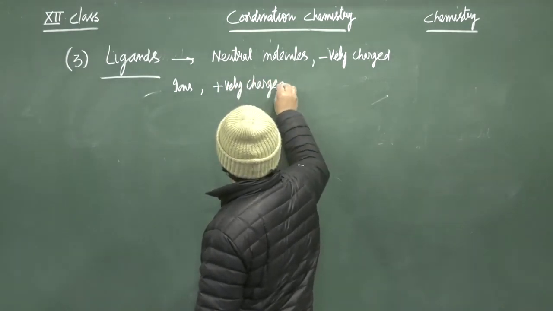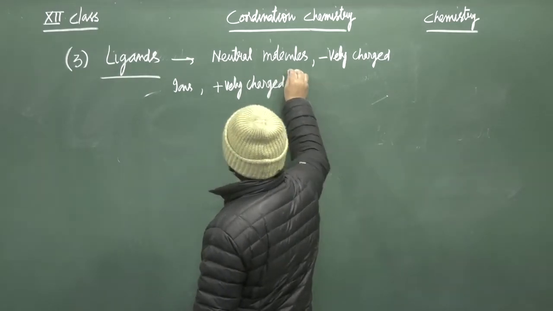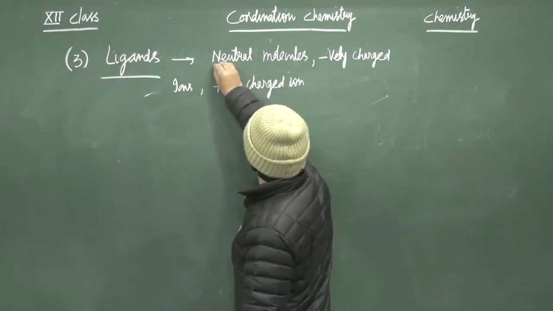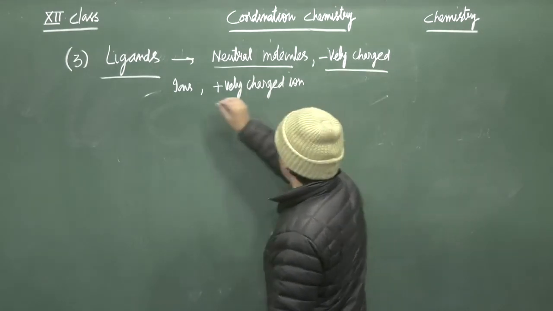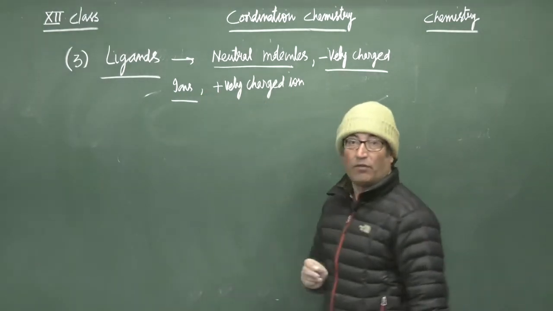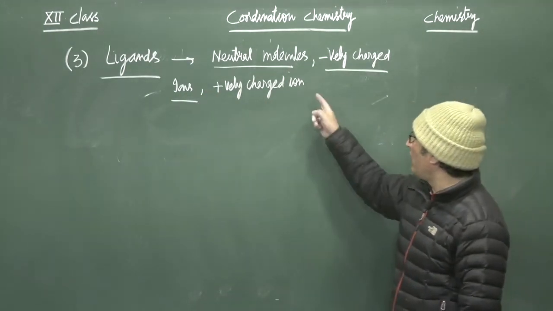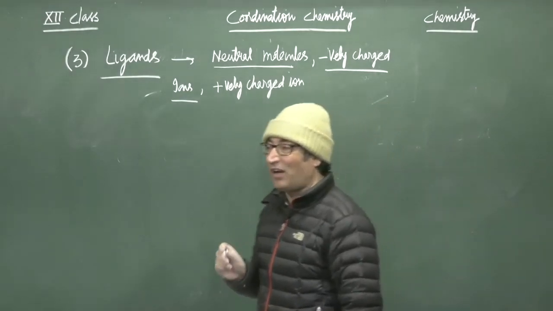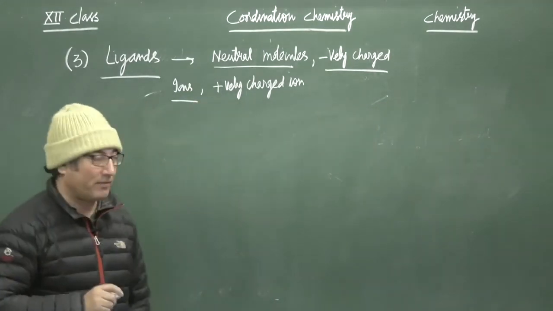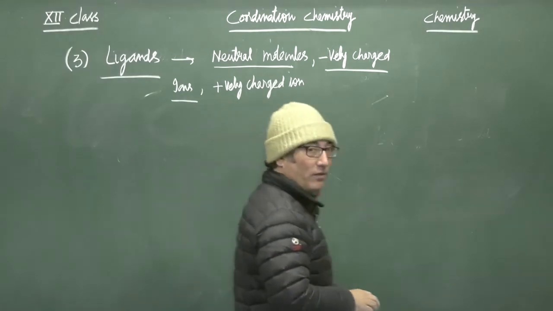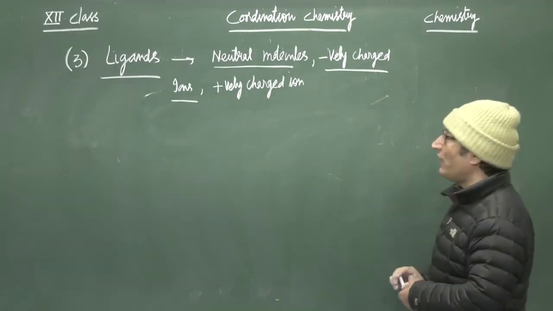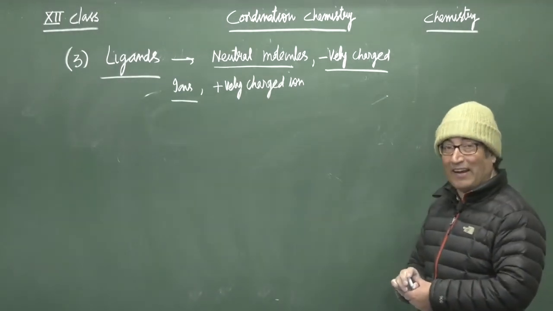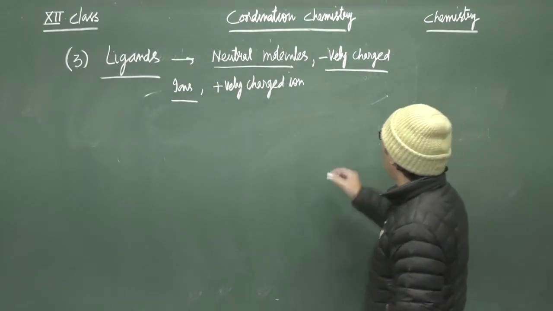It is very rare that a ligand is positively charged. Mostly they are neutral molecules or negatively charged. When we take up the different types of ligands, we will find very rare examples of ligands being positively charged.